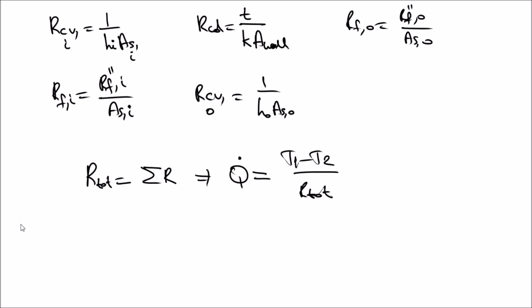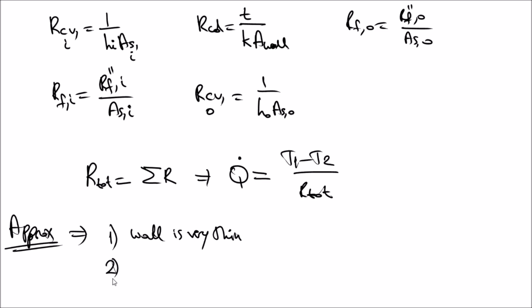And if you make a simple approximation here to understand the picture better, the simple approximation will be that the wall is very thin. And the second thing is that we can say that the pipes are new, and no fouling.